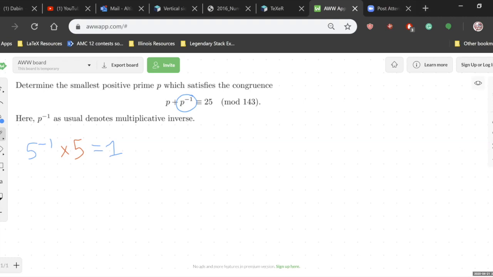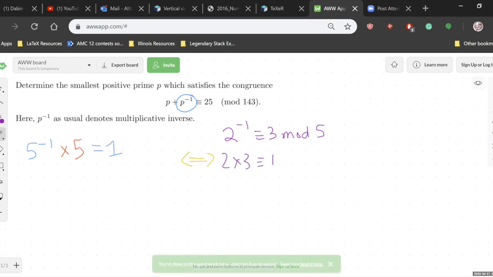But you can also talk about multiplicative inverse mod some number. For example, I can say that 2 inverse is congruent to 3 mod 5, because this is true if and only if 2 times 3 is congruent to 1 mod 5. It's the number which, when you multiply it by 2, you get 1 in this modular universe. So this is what the modular inverse means.